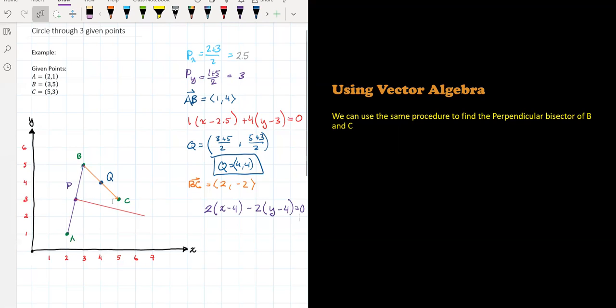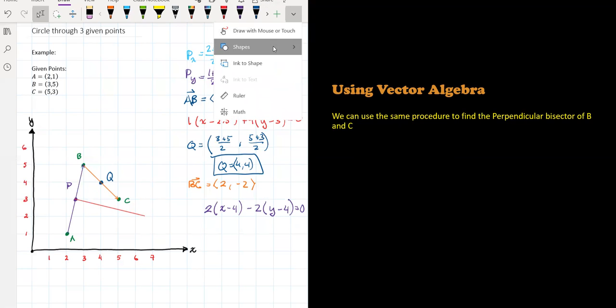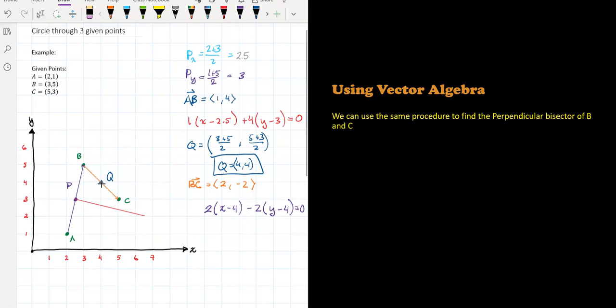And that's the equation of this line that's perpendicular to this. If I draw a line, that would have a slope of -1, so it goes sort of that way, roughly.